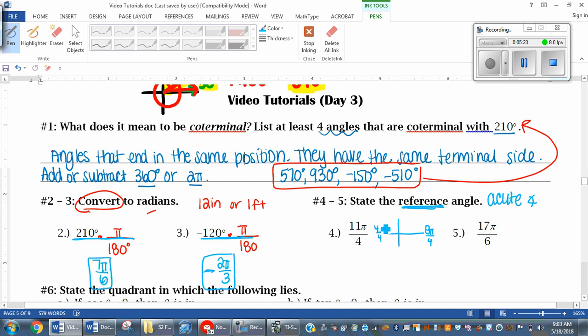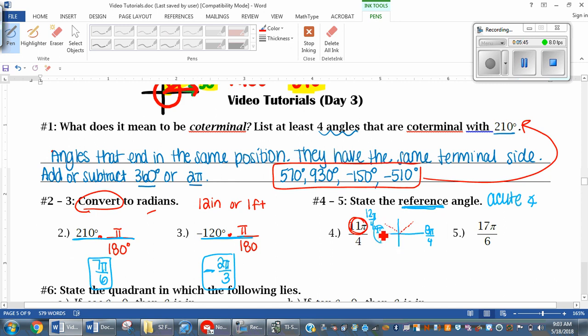If I add another 4 on top of 8, 8 plus 4 is 12 pi over 4. So this is also 12 pi over 4 in this location. So 12 pi over 4 would be 1 bigger than the 11 pi over 4. And if you remember, your pi over 4s are all of those angles that are in the middle here.